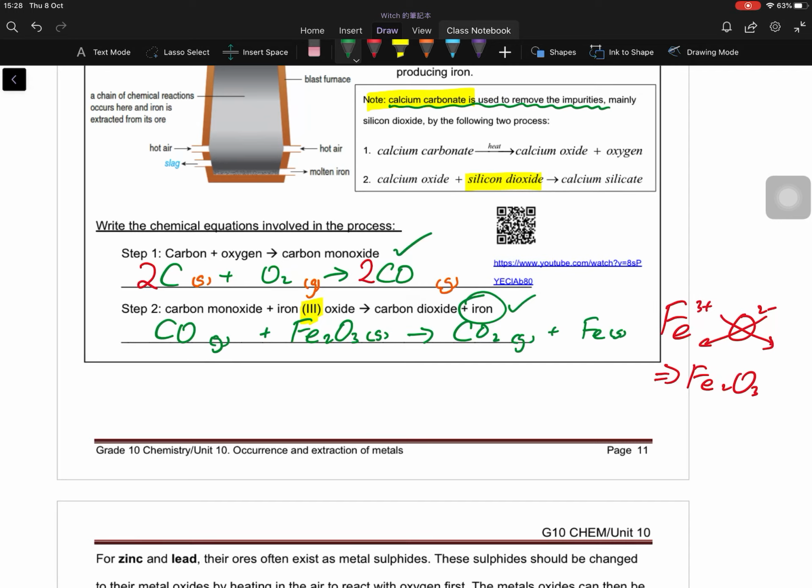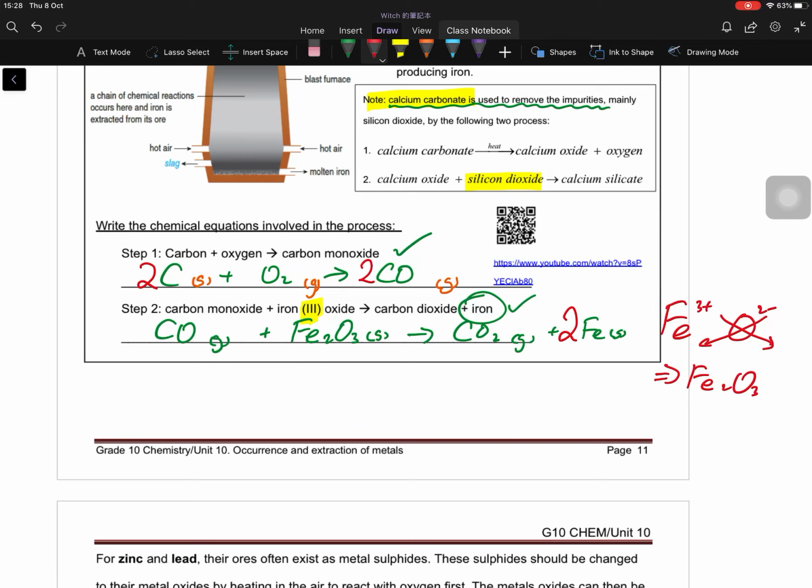Next we try to balance the number of iron first, right? Here on the left hand side we got 2 Fe, so on the right hand side we also have 2 Fe.